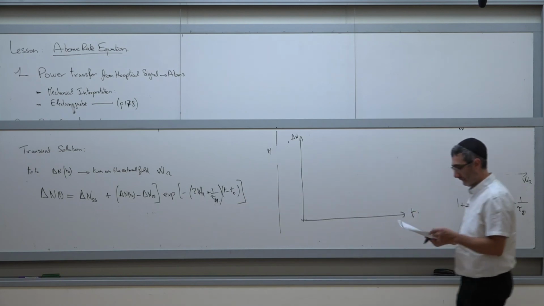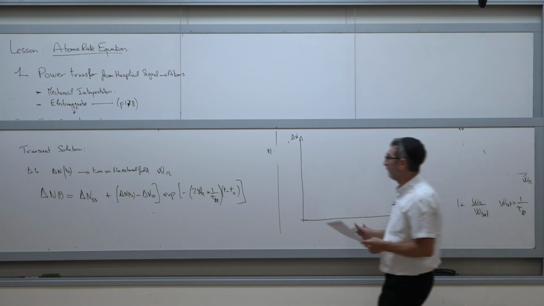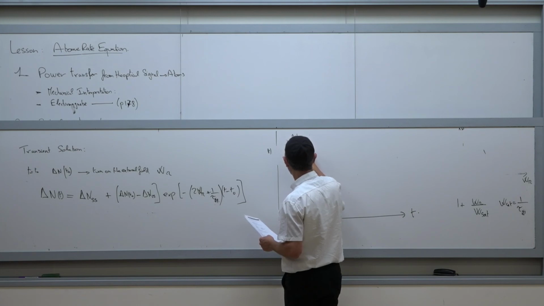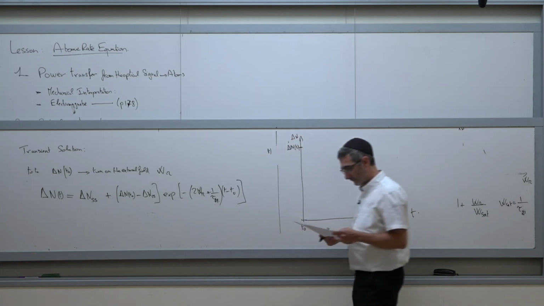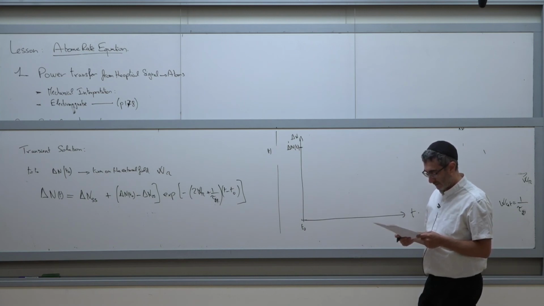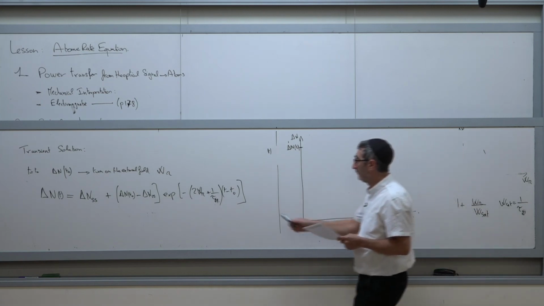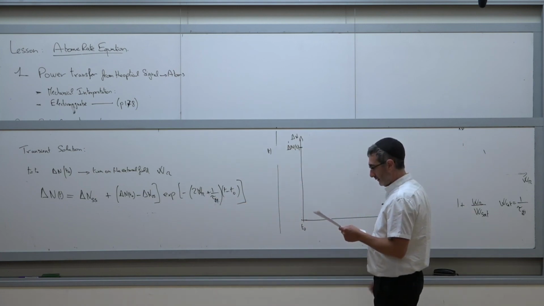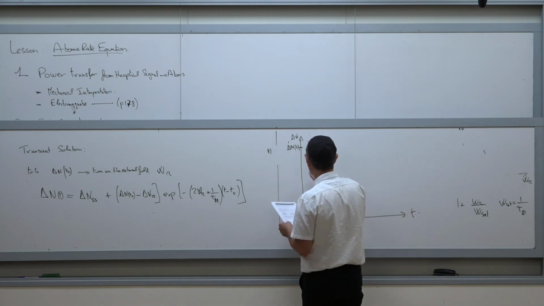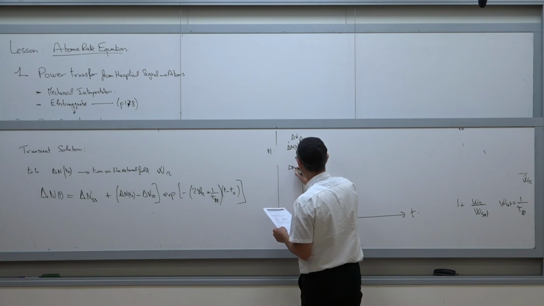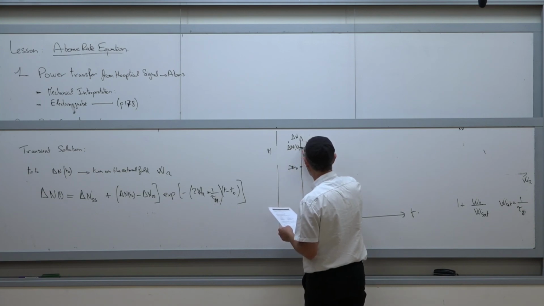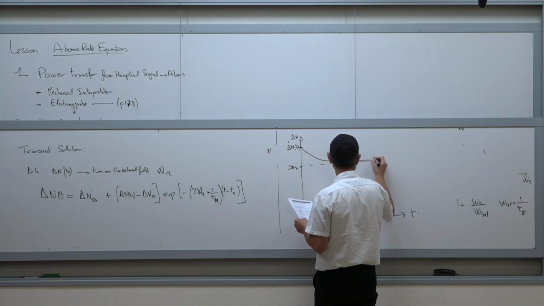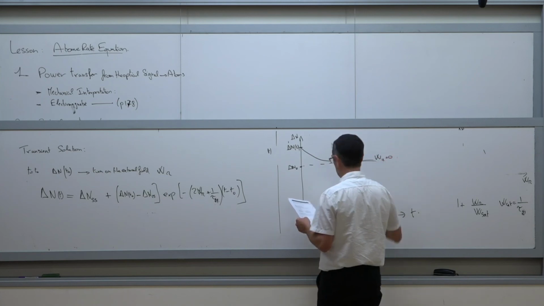This is time. We start at delta n of t0, so this is t0. If W12 is equal to 0, this will decay to delta n 0. So delta n 0 is here. A slow decay like that. This is the case of W12 equals 0.